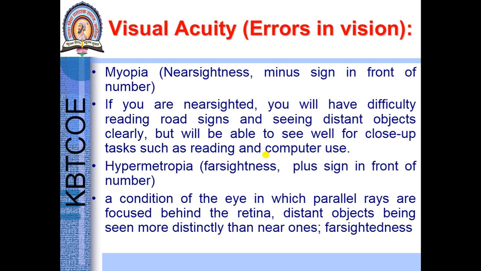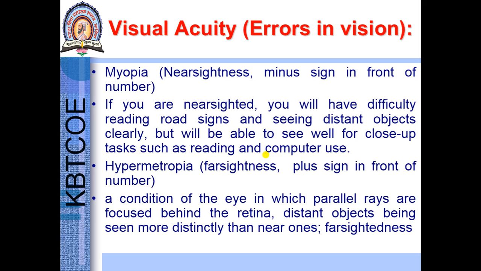Either he might be facing a problem of myopia, that is nearsightedness. Nearsightedness means he is able to see letters or things which are near to the eye, but he has a problem with things far away. Or he may have hypermetropia, that is farsightedness. He is able to see things far away, but the letters written at a near distance he is not able to see clearly.